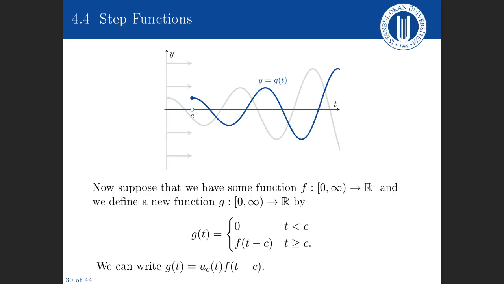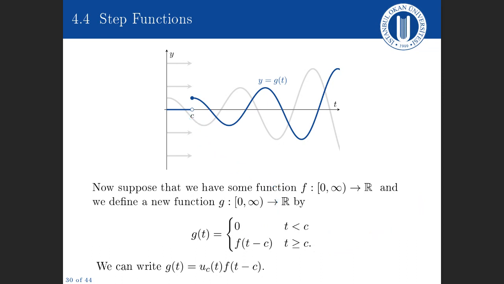And to fill in the gap where there was no function before, we're just going to define that to be equal to 0. We're making a new function called g. It's going to be equal to f of t minus c, as long as t is greater than or equal to c. And for the little bit at the start, we're just going to say g is equal to 0.